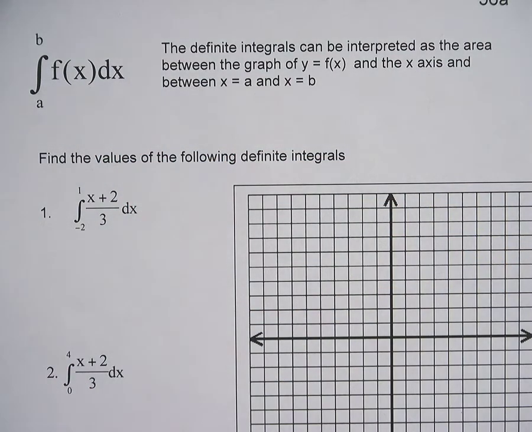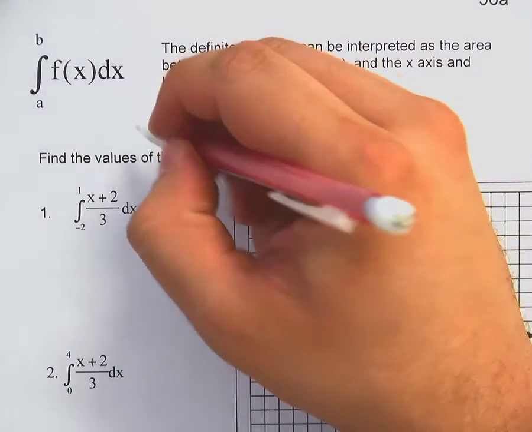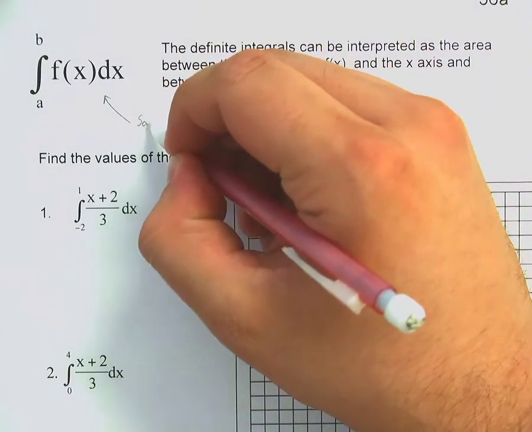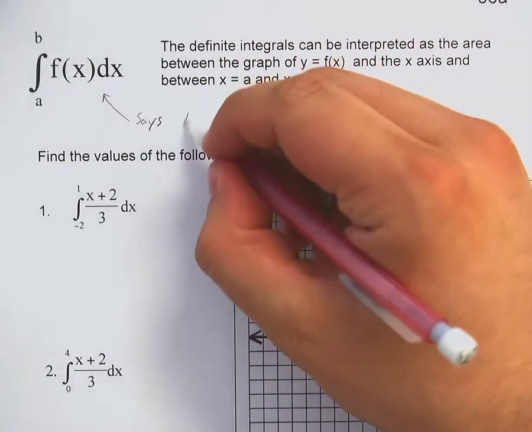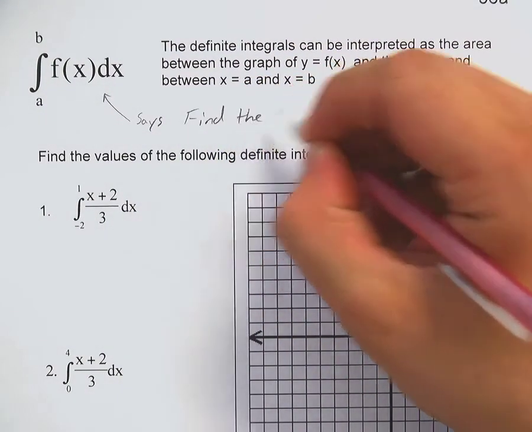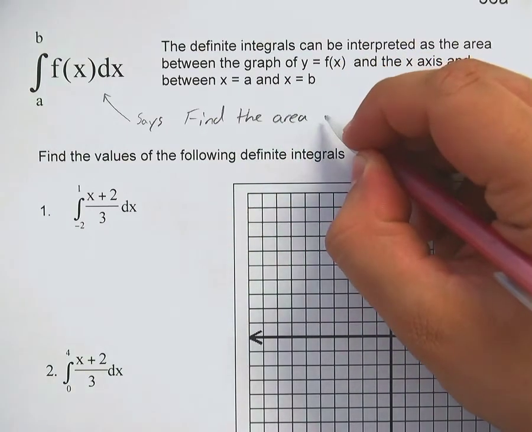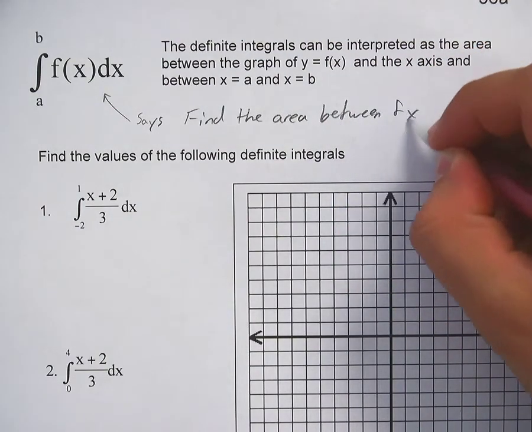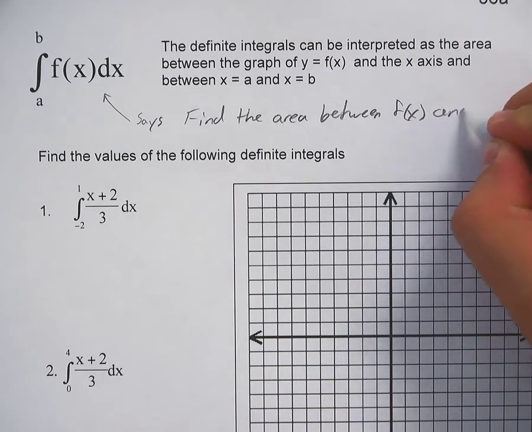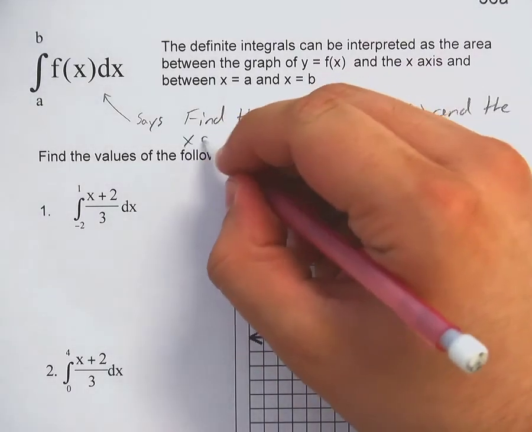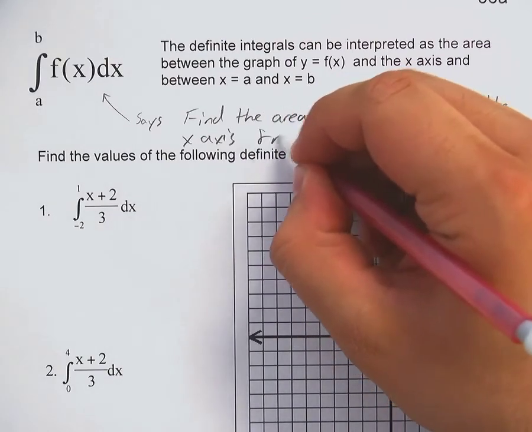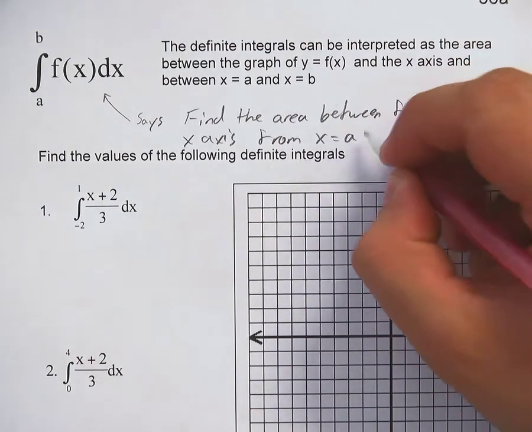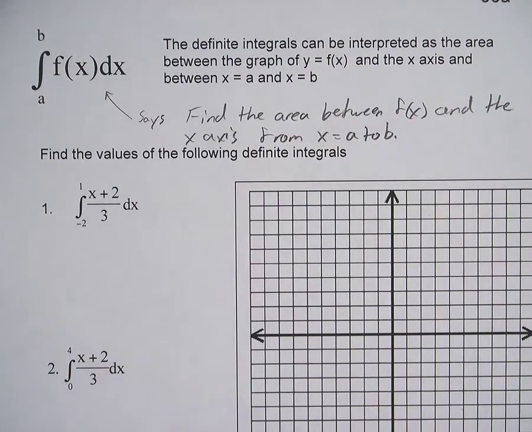Now what this does here, this says to find the area between f of x and the x-axis. And you're going to find it from x equals a to b. That's what a definite integral does. A definite integral finds the area under a curve.